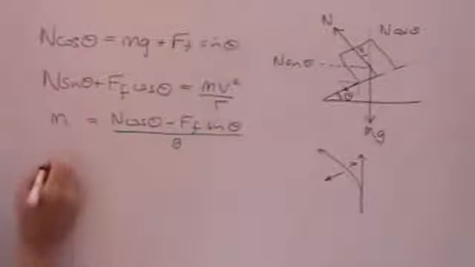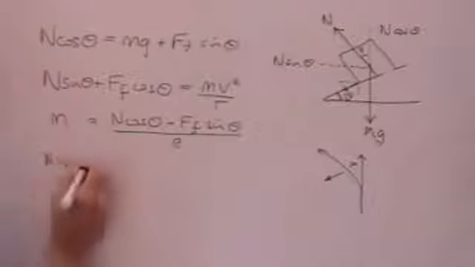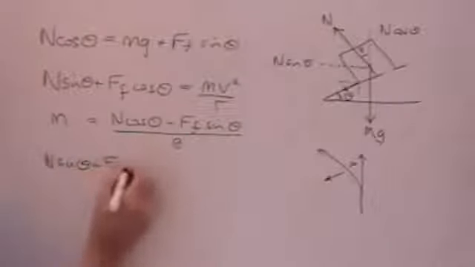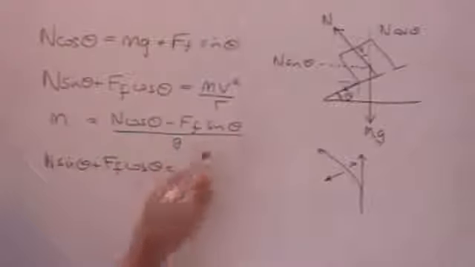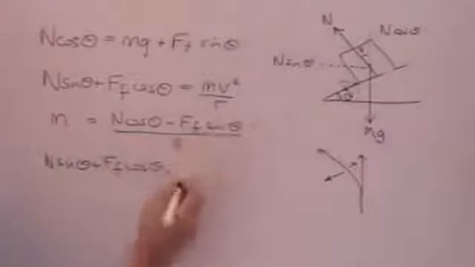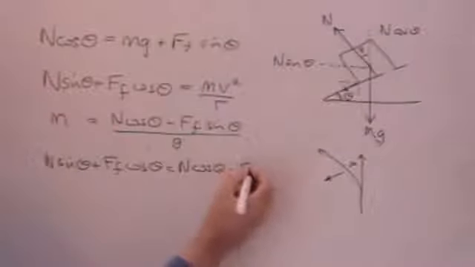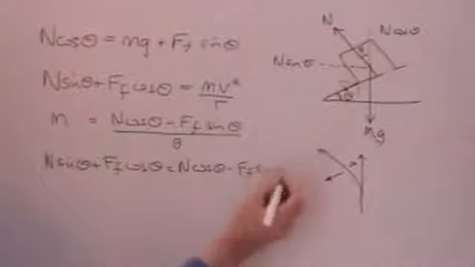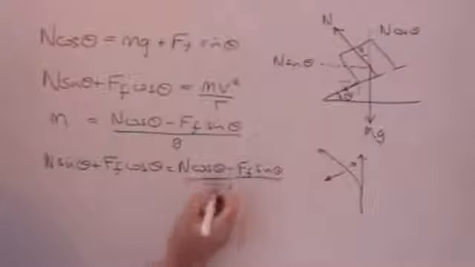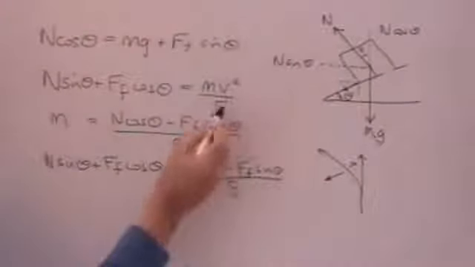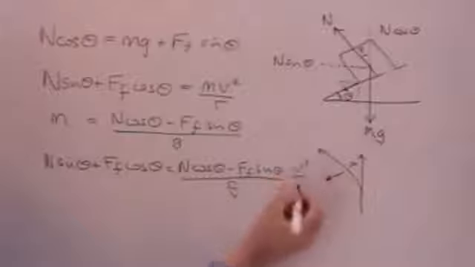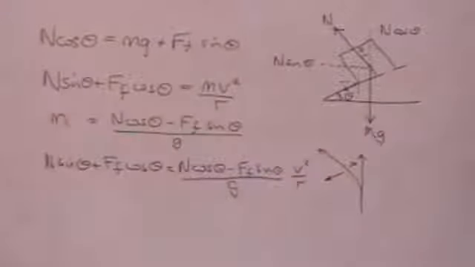So now I'm going to get that N sine theta plus Ff cosine theta is equal to m, which is now this huge term, N cosine theta minus Ff sine theta over g, times v squared over r. So we'll put v squared over r right at the end.